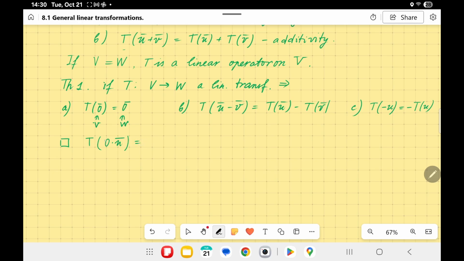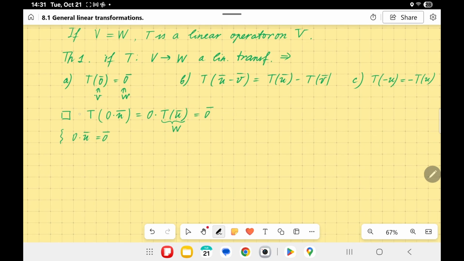According to the homogeneity rule, we can take the 0 outside, and we are going to have this vector, which belongs to space W, multiplied by 0, which is equal to 0 also, because we remember that 0 multiplied by any vector is equal to the zero vector. That is true for both V and W. So that was for A.